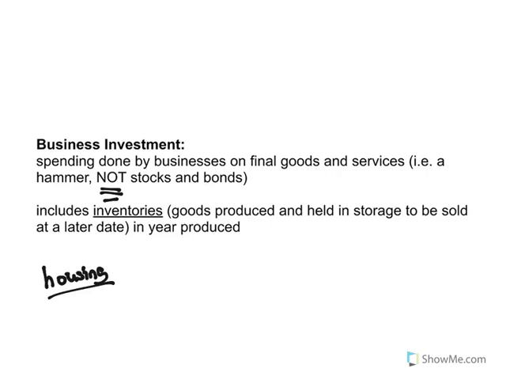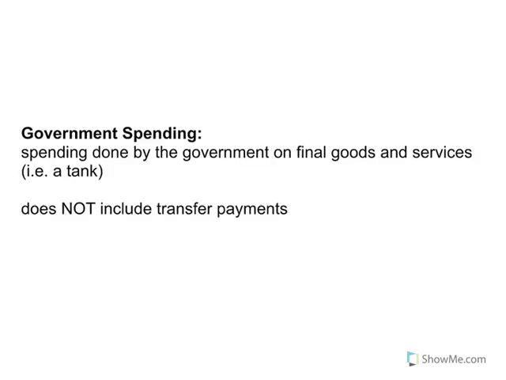It's always counted in the year it's produced. That word produced is so important. It's gross domestic product. When is it produced? Where is it produced, right? All of that matters.